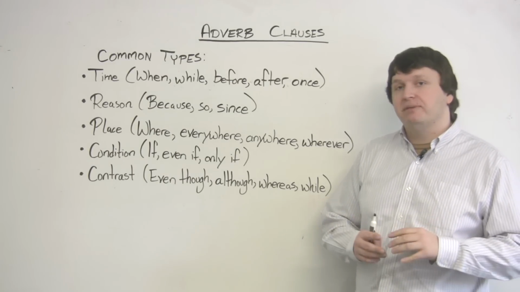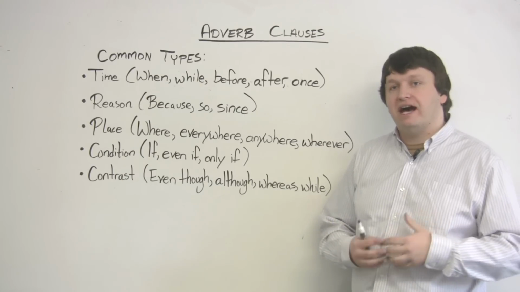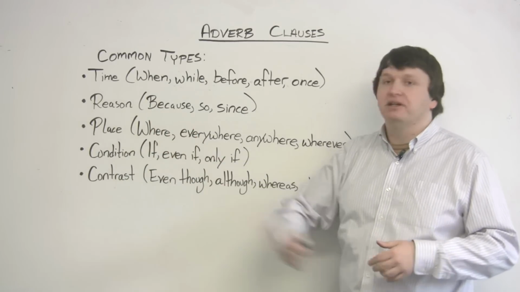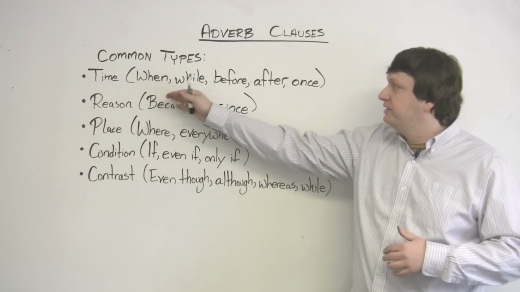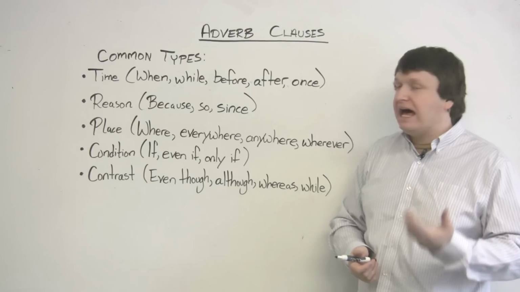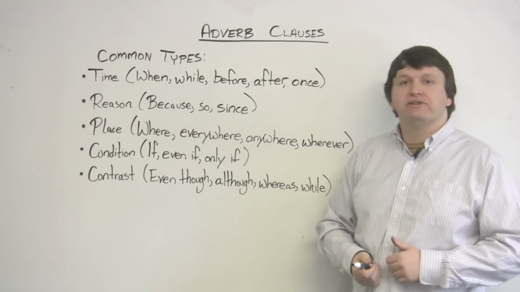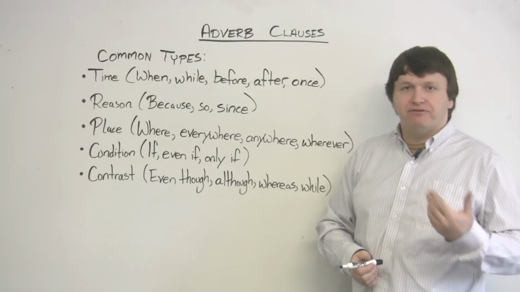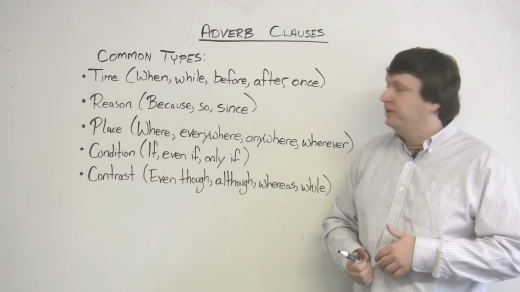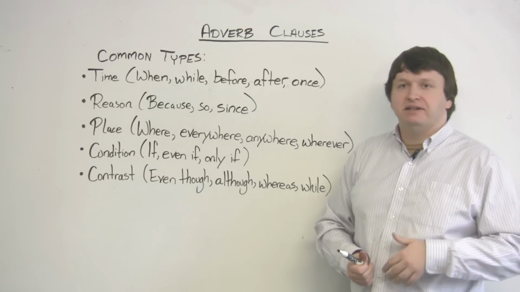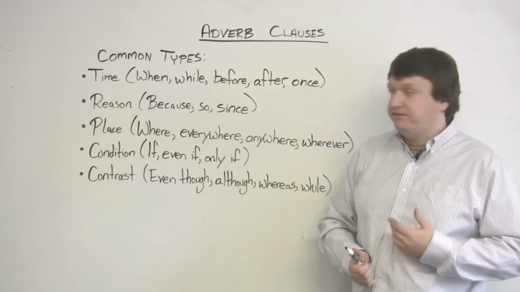So some common types of adverb clauses are adverb clauses of time. Now these can begin with words like, for example, when, while, before, after, once. So for example, after I finished my breakfast, I went to school. Or before I called my dad, I had been watching TV.